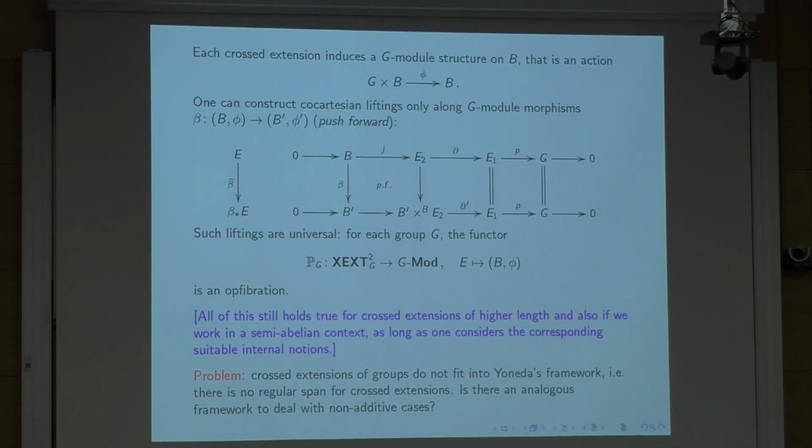The first reason is that our initial functor does not have a product as a codomain, and the other problem is that we don't have a global opfibration. So the problem is to find a suitable framework in order to deal with non-additive cases, like the one of crossed extensions.